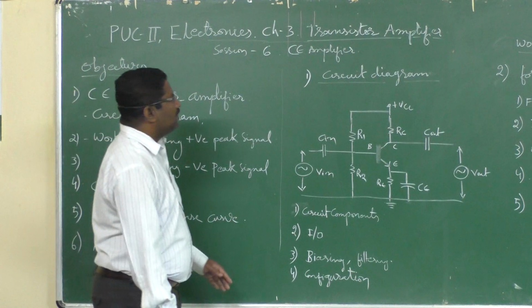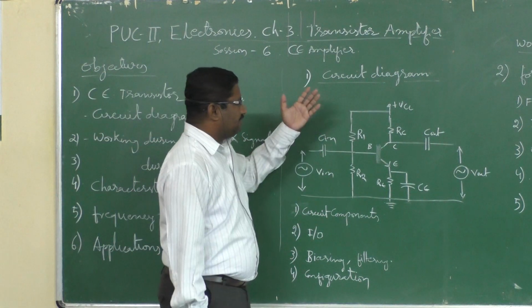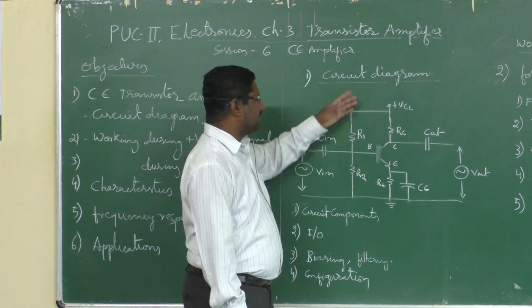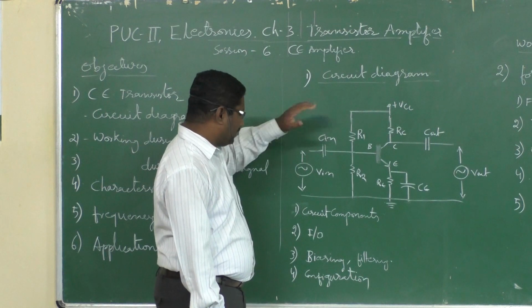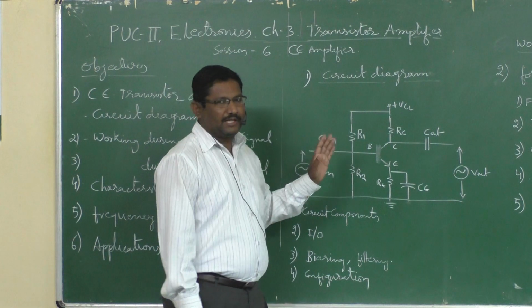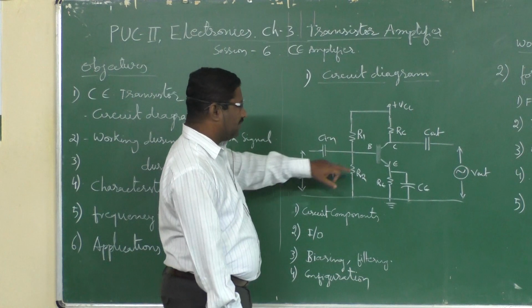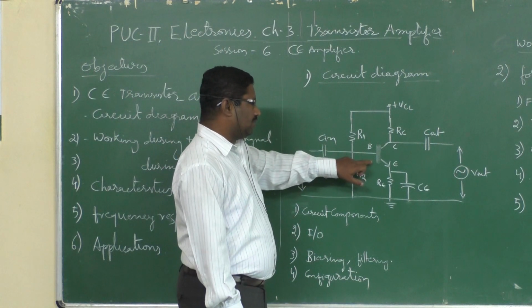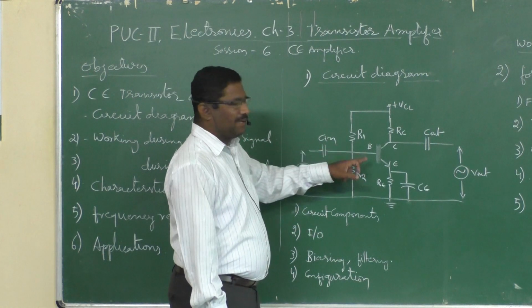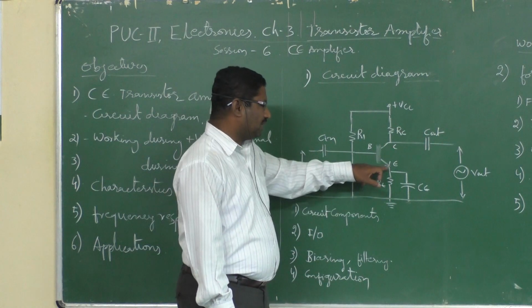Let us start with the first one, the CE transistor amplifier circuit diagram. In this circuit diagram these are the components. Number one is the transistor, an NPN transistor, because the arrow mark is going out.